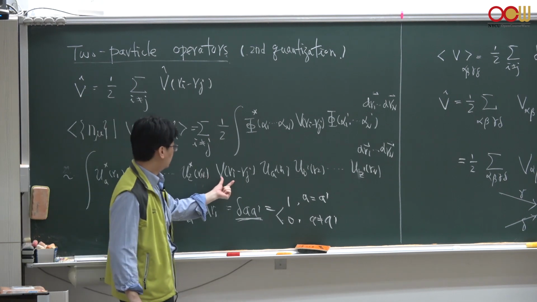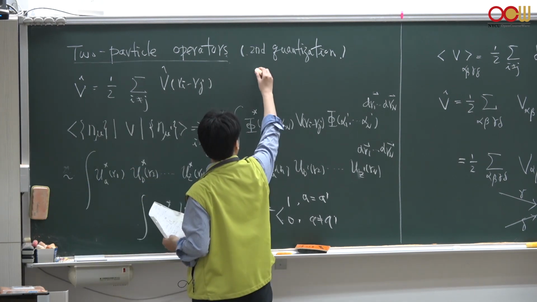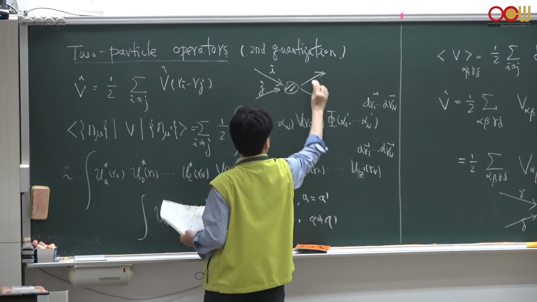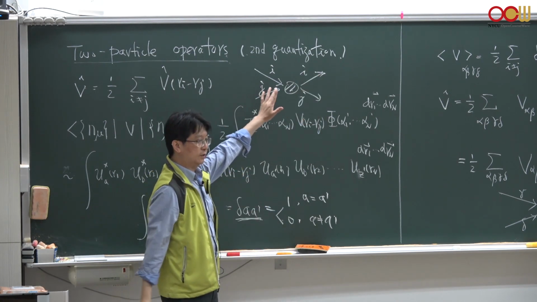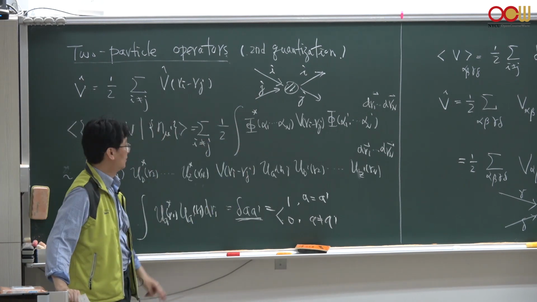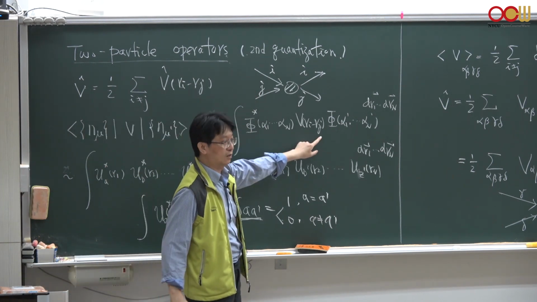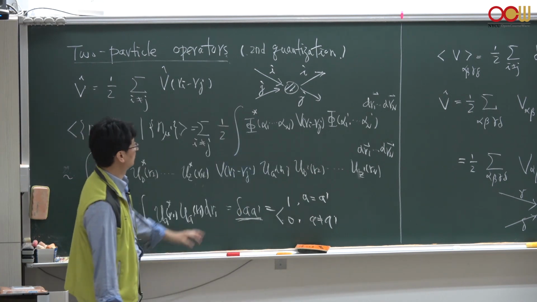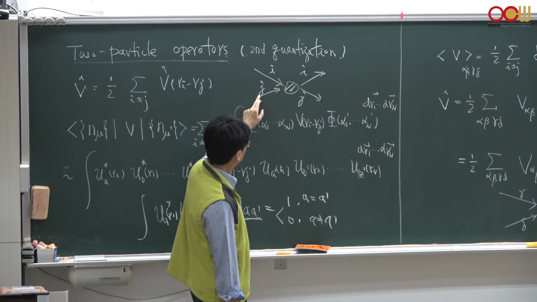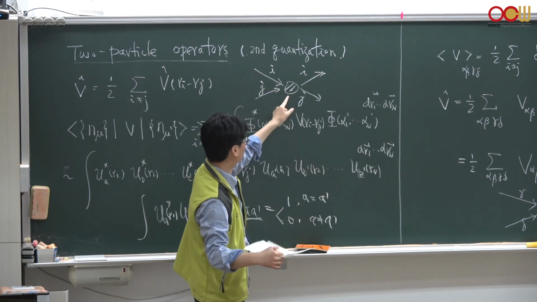Remember, these particles are located at different real space positions. So even though they carry different quantum numbers, there are only two sites involved, namely R_i and R_j. There is a particle at position i and another at j, and they interact by Coulomb.